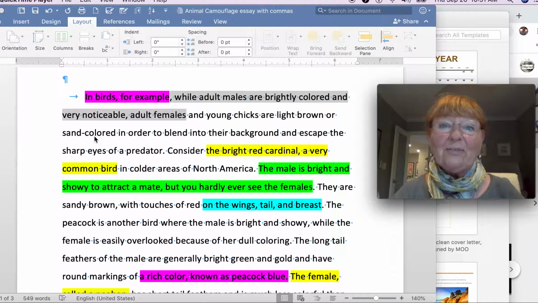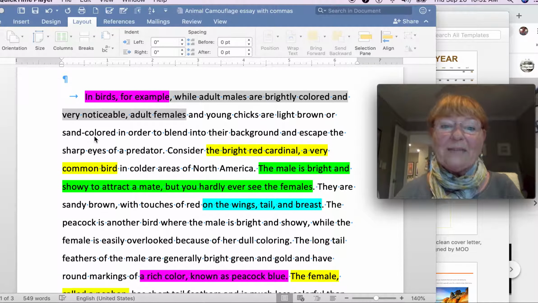While adult males are brightly colored and very noticeable, comma, the comma means take a breath, blah, blah, blah. While adult females, while, that is an adverbial conjunction, and it's an adverb dependent clause in front of a main clause. See how I need those dependent and independent clauses to explain it?